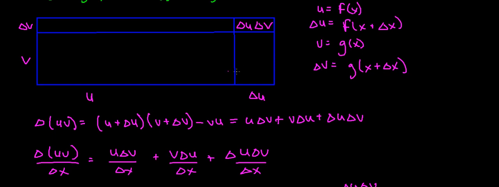So what this is doing is just finding the limit, or just the instantaneous rate of change of the direction of the rectangle moving this way and that way.